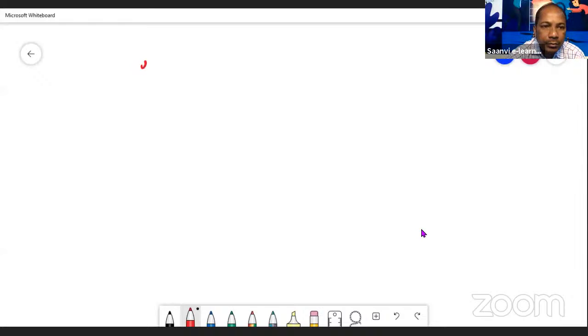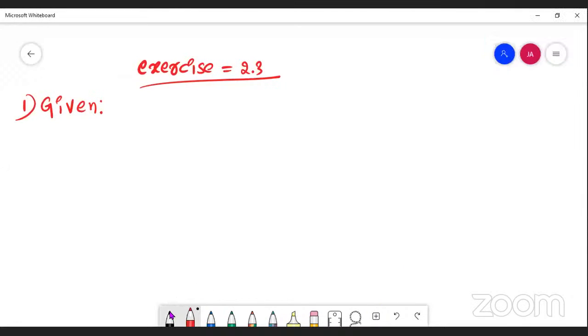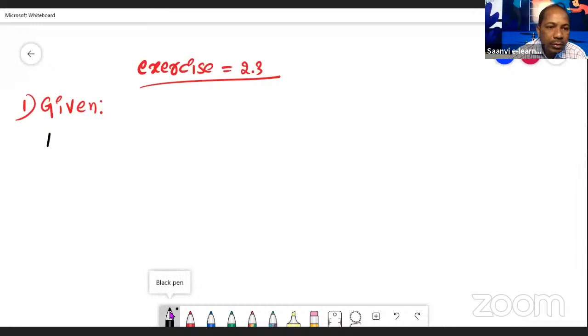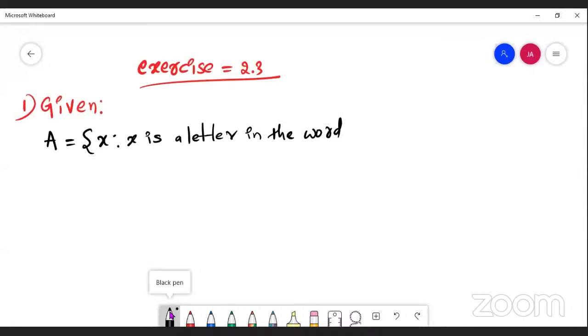Exercise 2.3. Okay. So the first question, set A is given, set A is equal to X such that X is a letter in the word follow.